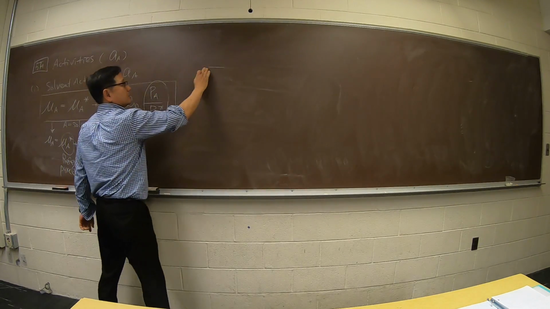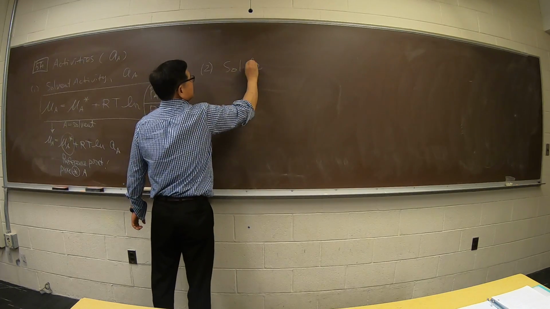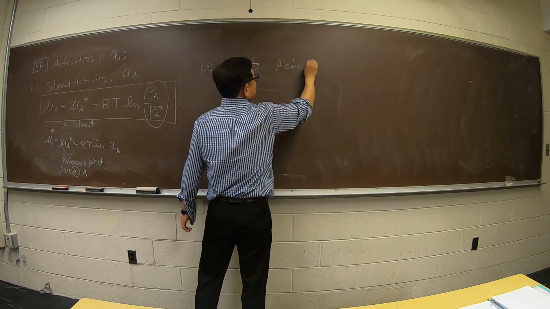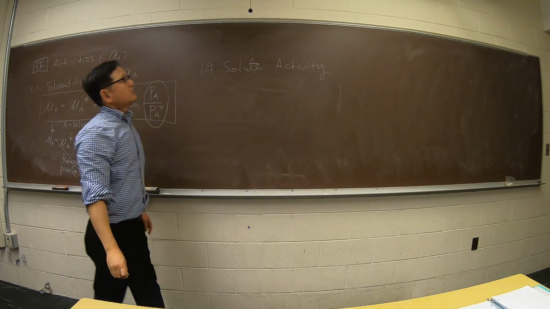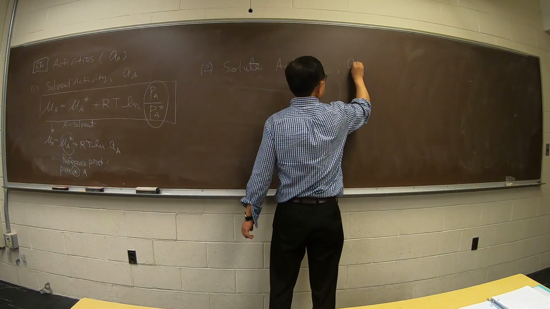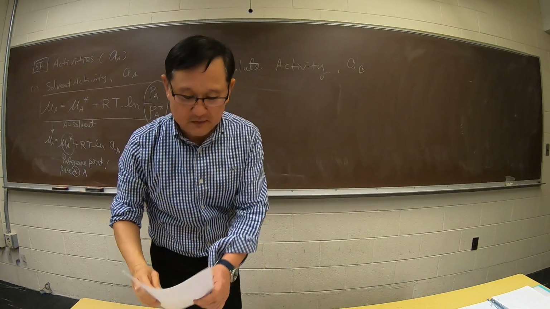So what I'm going to do is the same thing, but now for the solute. Solute activity. So solute activity is a B. And this one follows the same thing as we know.